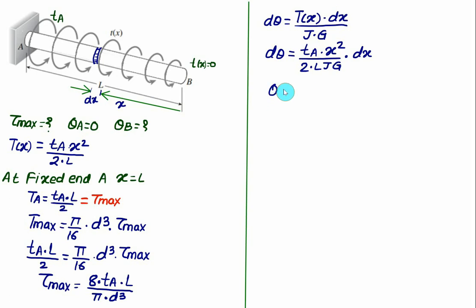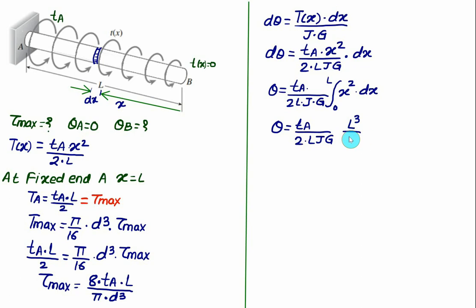So we have theta equal to Ta divided by 2 times L into J into G, and we have the integral of x square dx, and the limit is from 0 to L. So we have theta equal to Ta divided by 2 times L multiplied by J multiplied by G. The integral of x square is x cube by 3. So that will generate L cube divided by 3.